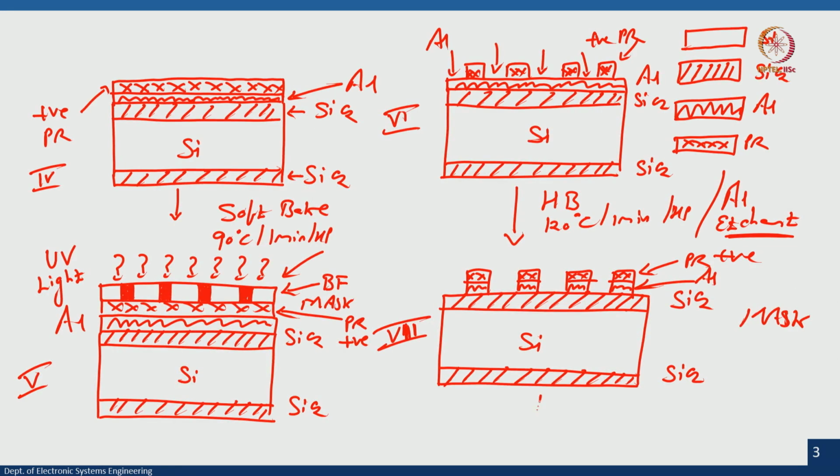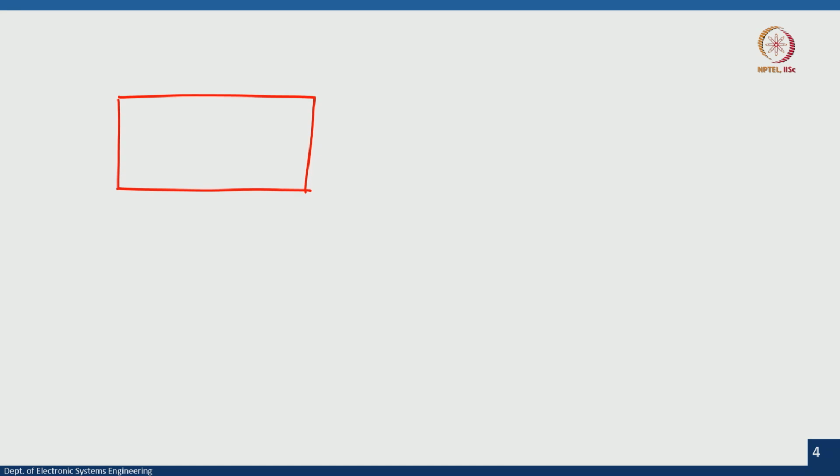If you want to strip the photoresist, we will dip that wafer in acetone. If we dip the wafer in acetone, what we will have? Acetone is the stripper for photoresist.